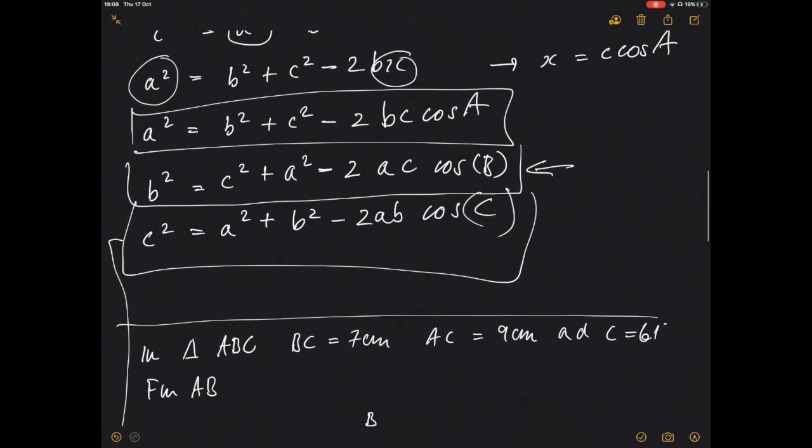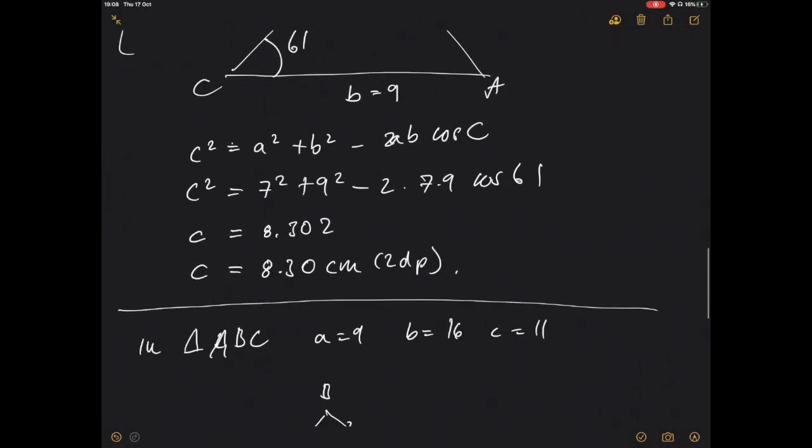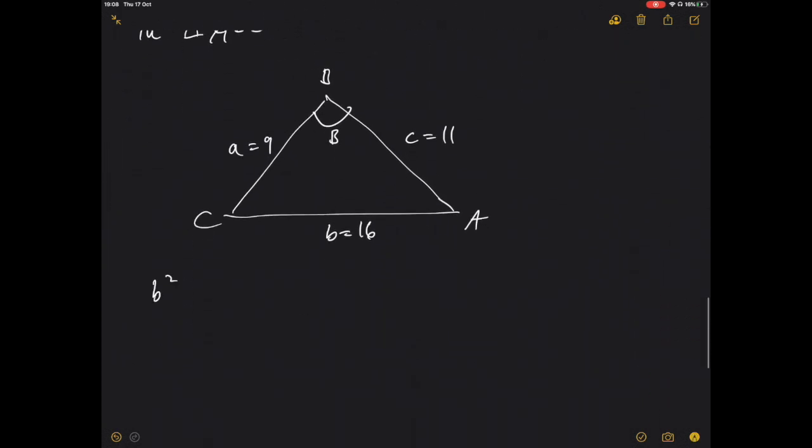We wanted b here, so that's b squared equals c squared plus a squared minus 2ac cos b. That means now we can just rearrange, we can stick in all these numbers, or maybe we just rearrange the equation first. So then we have a 2ac cos b.